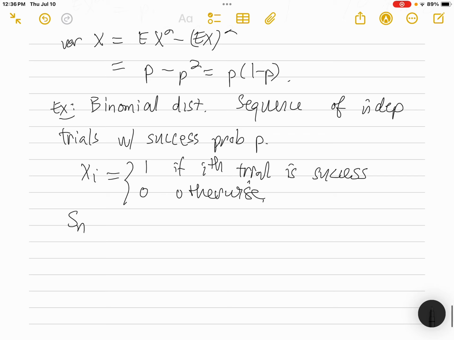So we count the total number of successes Sn in the first n trials.